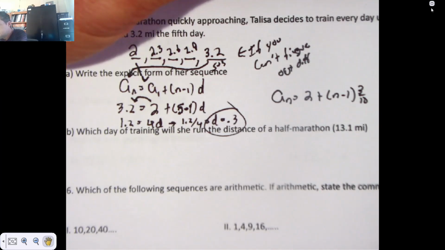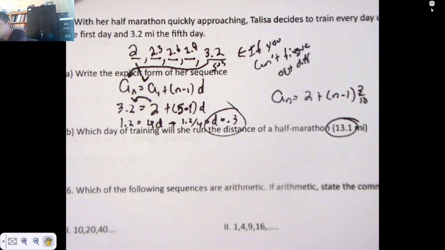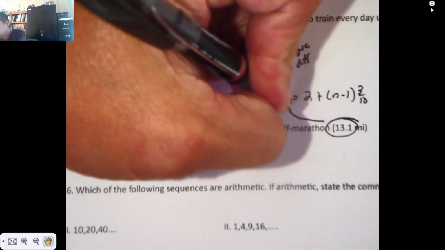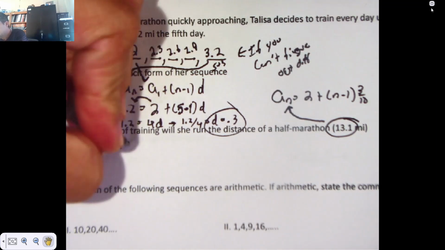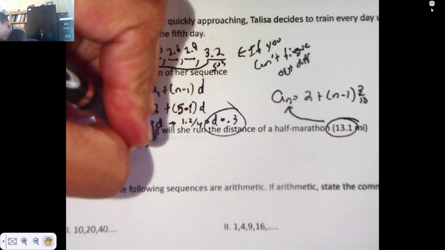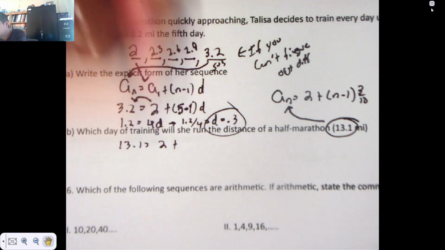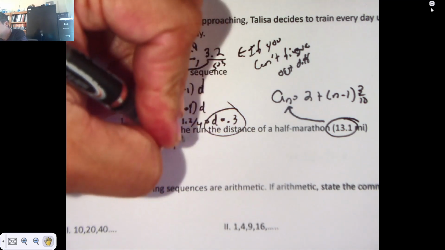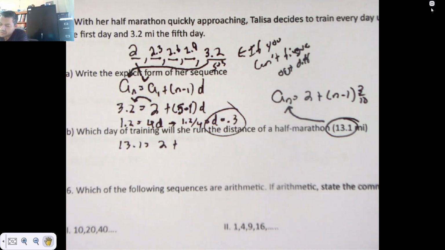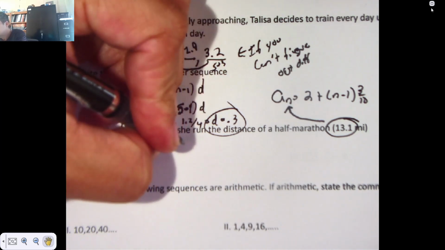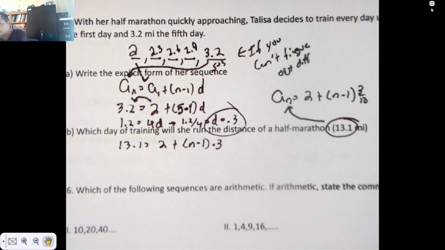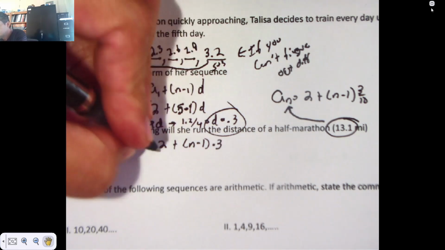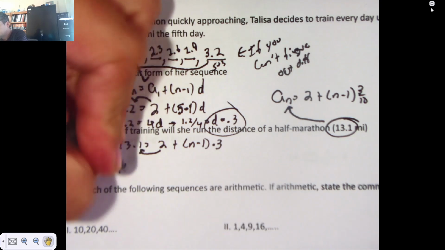B, which day of training will she run the distance of a half marathon? 13.1 miles. So that's just as simple as putting that right there. So 13.1 equals 2 plus n minus 1 times 3/10. I kind of wonder if I shouldn't go back to decimals for the point of this problem. I think I will. You can take away 2, 11.1.